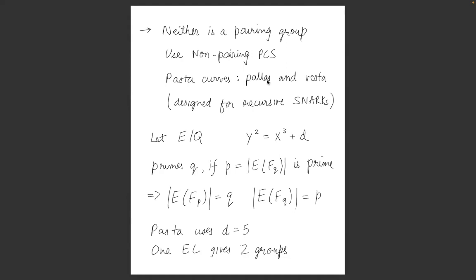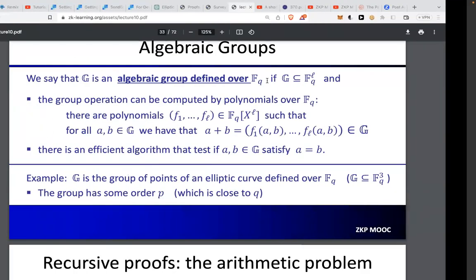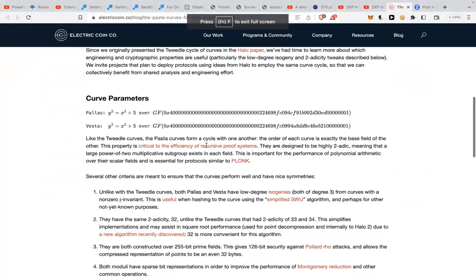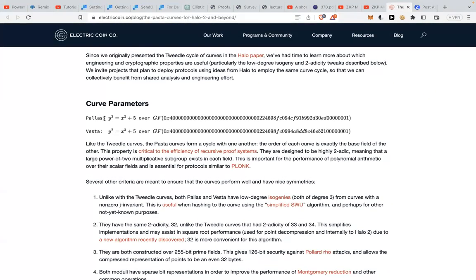Yes, these are the same curves. This is the Pasta curve, Pallas and Vesta. They have the same equation: y squared equals x cubed plus 5. But if you see, they are defined over different fields. So the field is different.